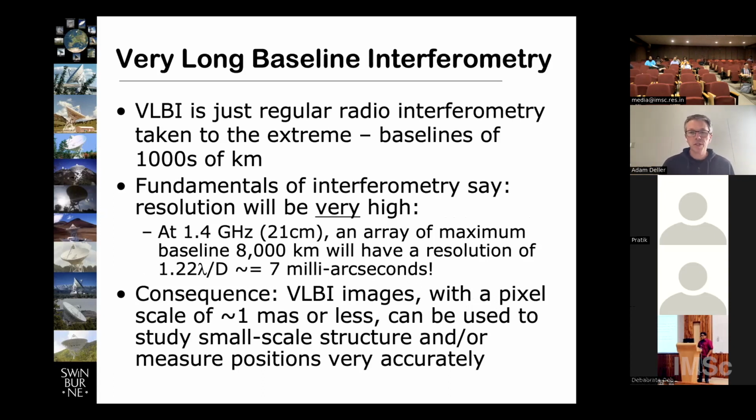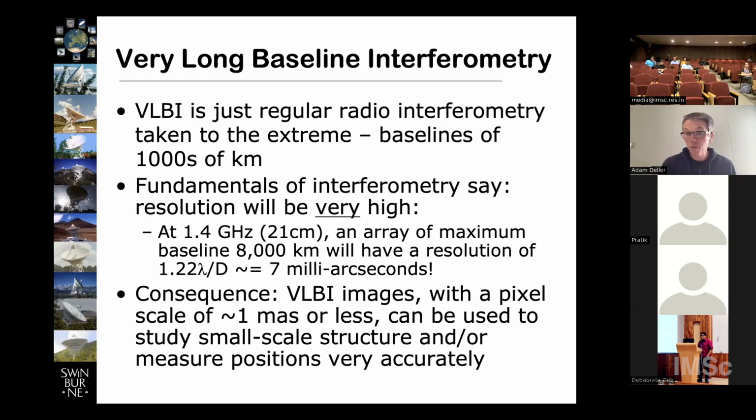And we can see immediately from the fundamental principles of interferometry that the angular resolution will be very, very high. So at a frequency of 1.4 gigahertz or a wavelength of 21 centimeters, an array with a maximum baseline of 8,000 kilometers will have an angular resolution, just given by the diffraction limit, of about 7 milliarcseconds.